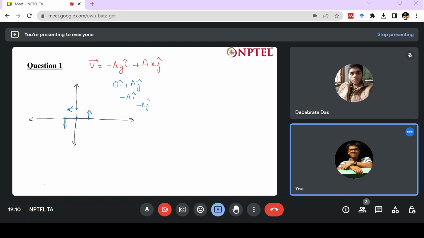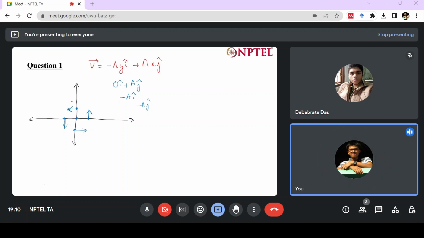If I complete this, you can already see a pattern emerging. If I put this point as 0 comma minus 1, you will see this is plus a i cap, in this direction. It is kind of a rotating flow field.